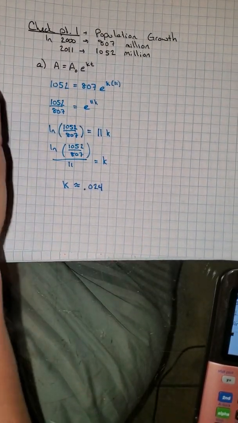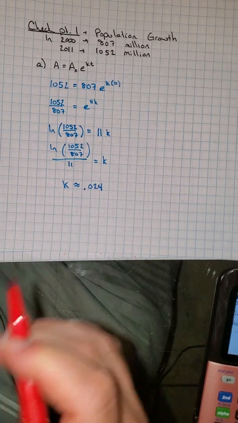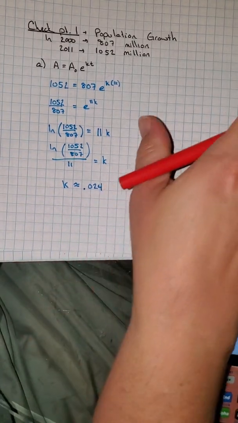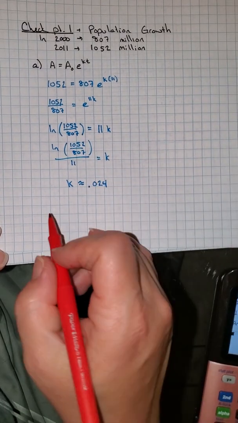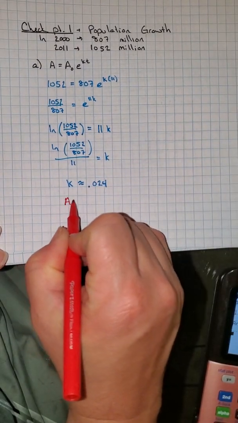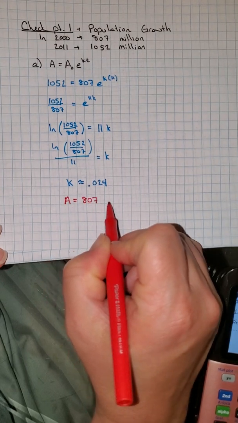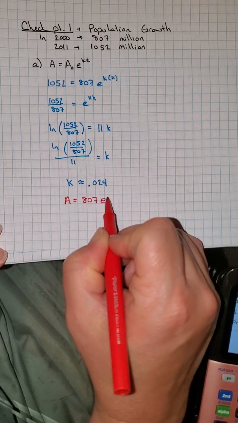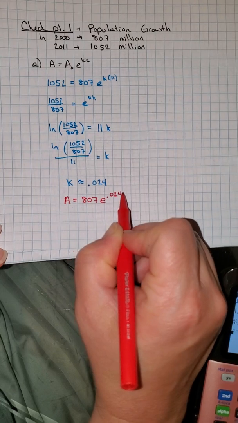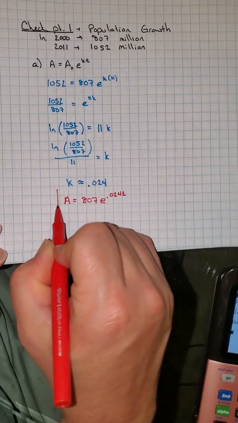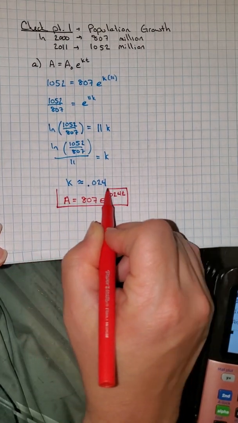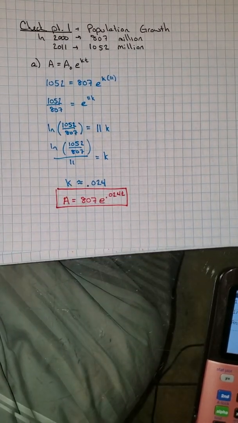So the model would be with that plugged in. A equals, our A sub 0 will always be 807 million, e to the 0.024t. Okay, that's the model for the population of Africa.